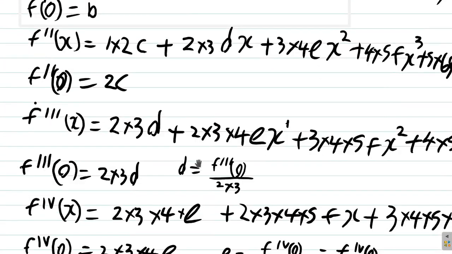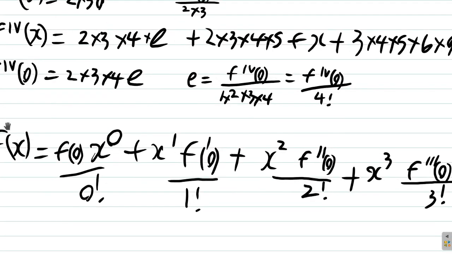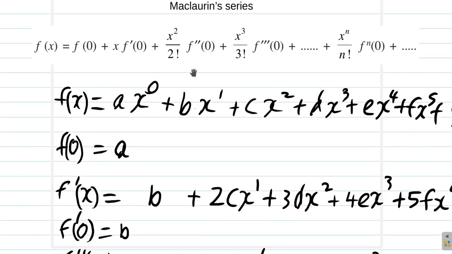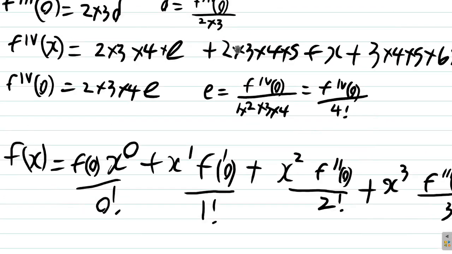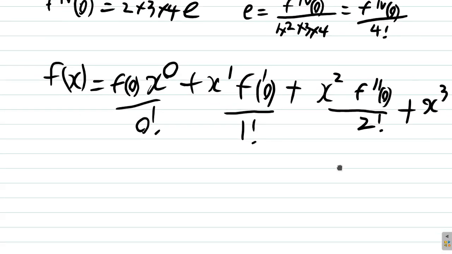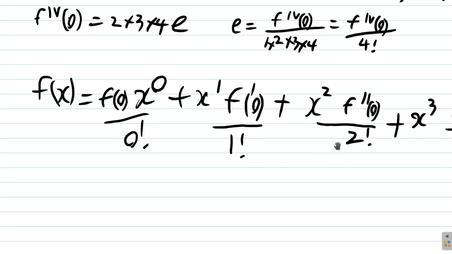Here, 1 factorial is 1 and x to the 1 is x, so they generally just put x f prime of 0, and then of course the other terms. So that was where we looked at the Maclaurin series.